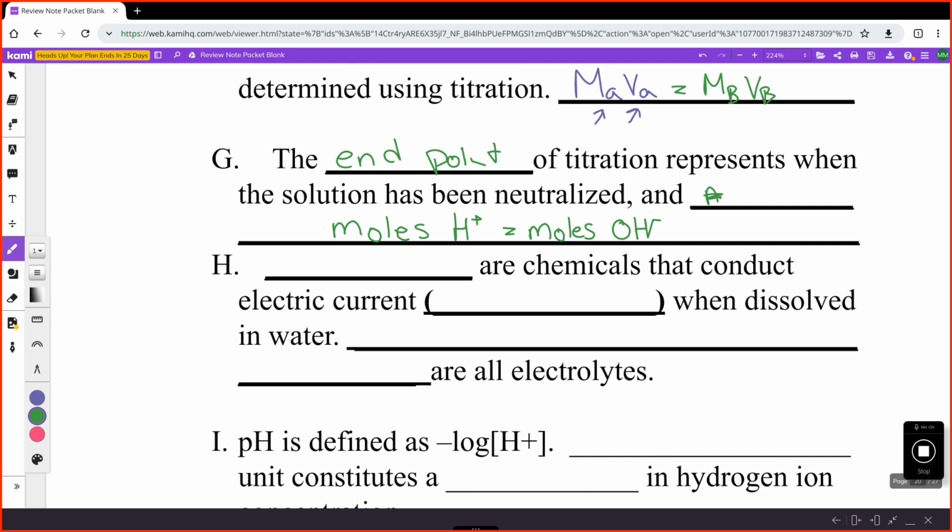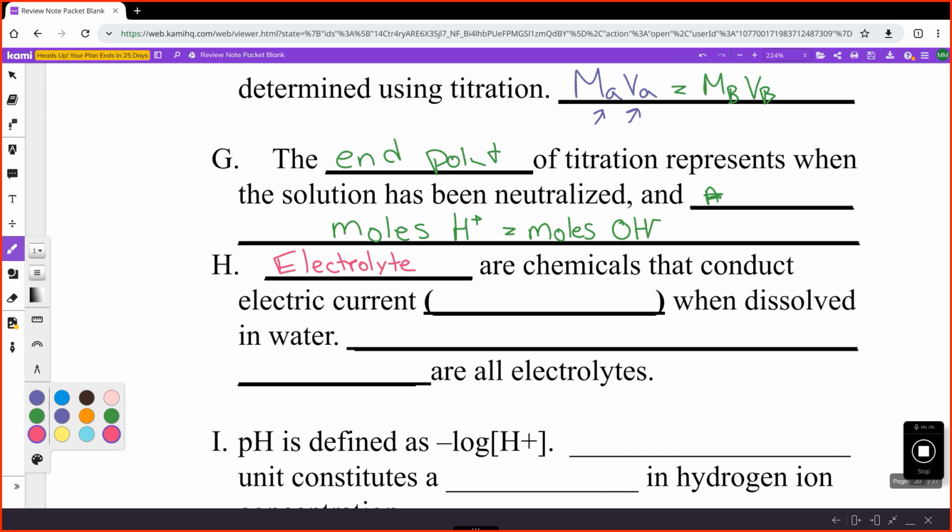One thing that you have to throw into your head again, it's been a while since we've talked about this, is the word electrolyte. We talked about this earlier in this series. An electrolyte is a chemical that conducts electricity or an electric current when it's in water.